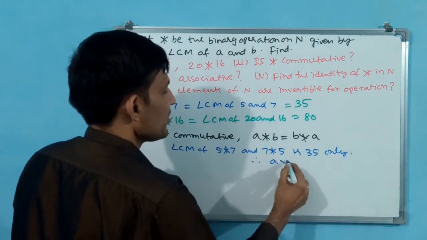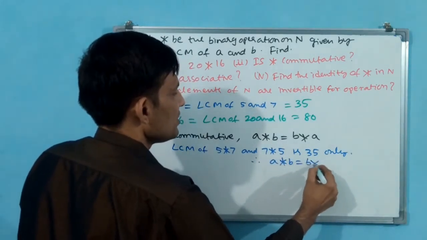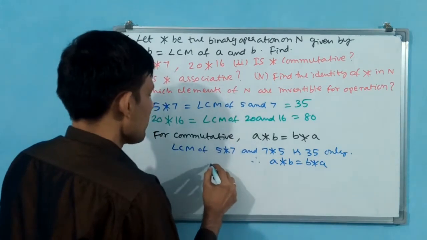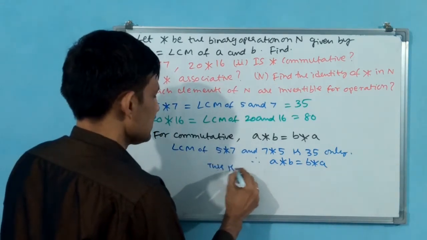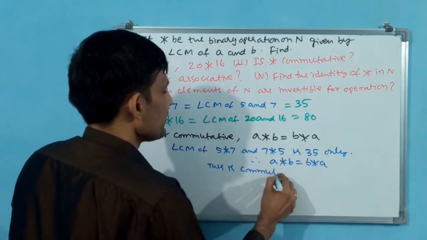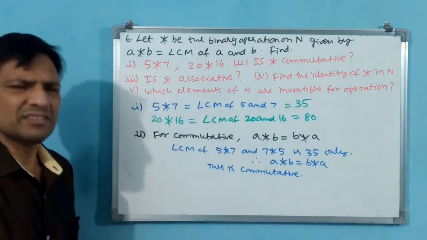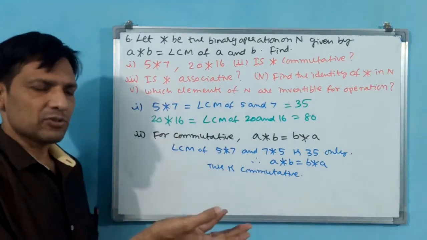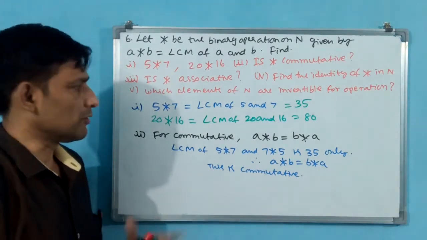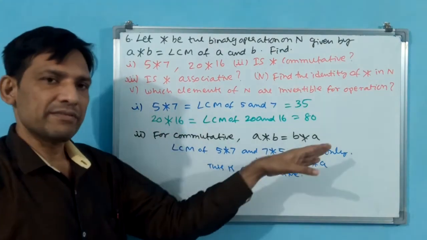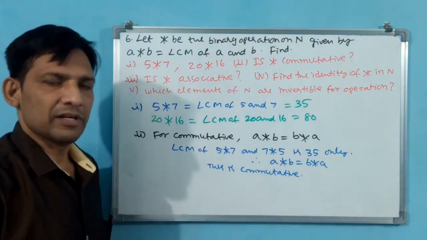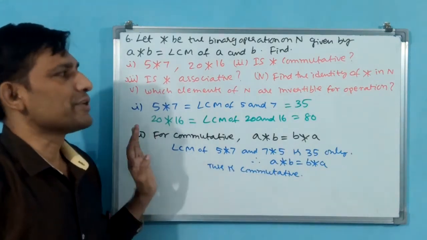Therefore, A star B is equal to B star A. This is commutative. How has it happened? Because this is LCM. Even if you take 5 7, 35 will come, 7 5 also 35 will come. 20 16 also 80 will come, 16 20 also 80 will come. That is why this is commutative.